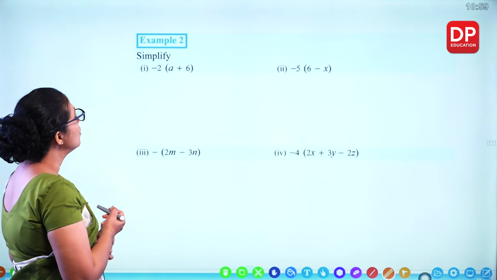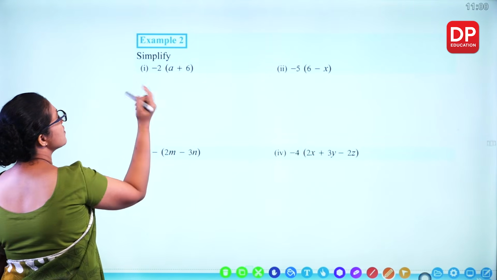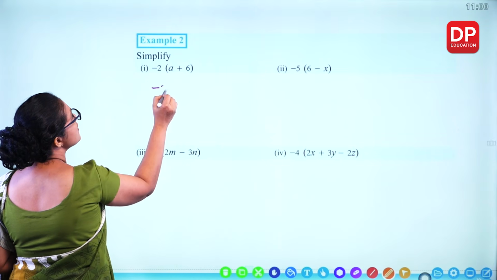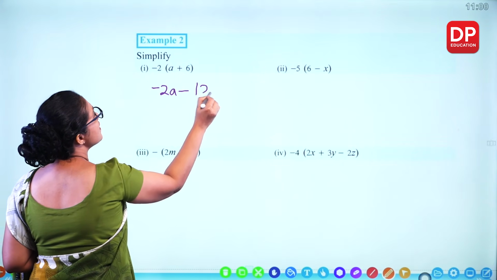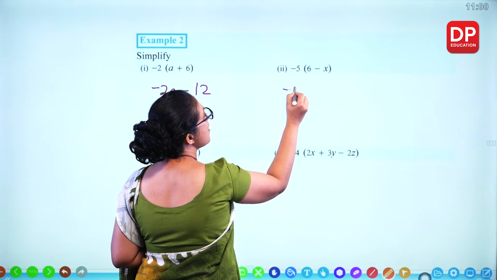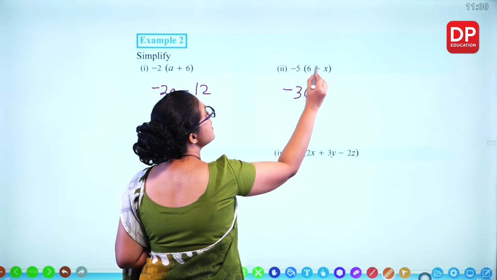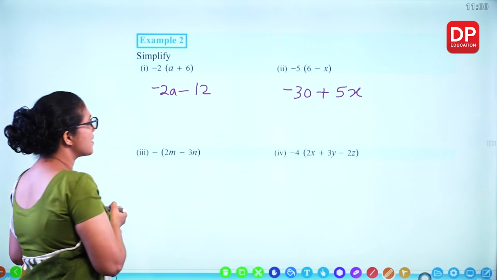Example number 2. Simplify. Now you get negative numbers in front. So negative 2 times a, negative 2a, negative 2 times plus 6, negative 12. Here minus 5 times 6, minus 30. Minus into minus plus, you get 5x.